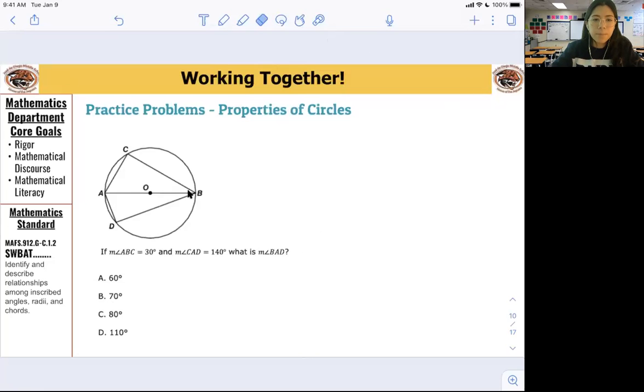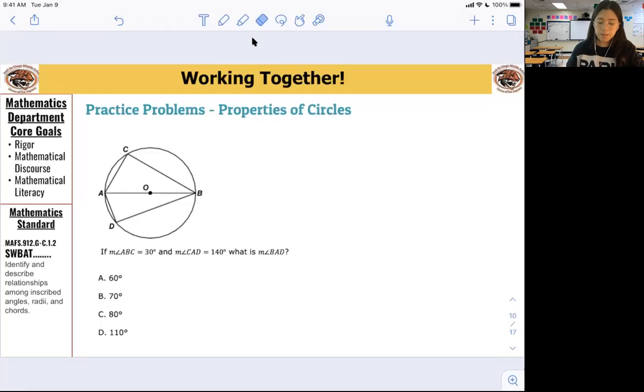So if they're talking about angle BAD, BAD is an acute angle. So answer choice D is a bad guess. So get in the habit, if you got to make a guess, make it good. That's an acute angle. That's not going to be 110 degrees. It's going to be less than 90. So D was a bad guess, whoever chose that one.